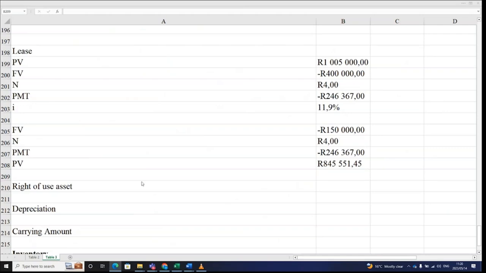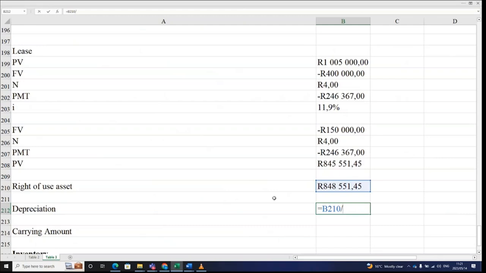All right, so we would need to now work out the right of use asset, which obviously includes the directly attributable costs that we discussed earlier. So that would be that 845,000 plus 300,000. Then remember that the right of use asset is depreciated over the lower of the lease period and the useful life of the asset.